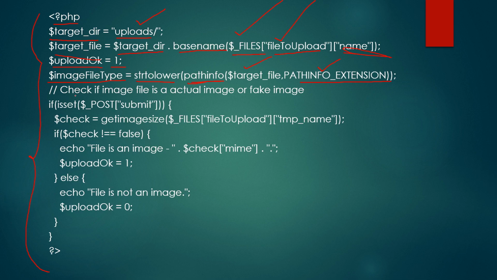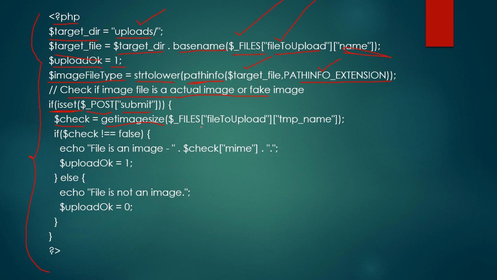Now here I'm checking whether this image is an actual image or a fake image. I'm checking that using the isset function. isset($_POST["submit"]) means as soon as the submit button is clicked, this code will be executed. It will first call getimagesize. This is an inbuilt function in PHP which will return the size of the file.